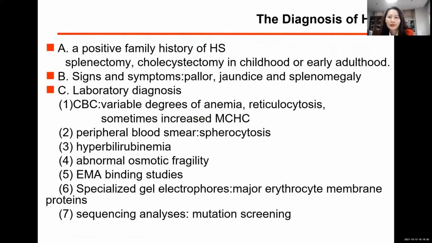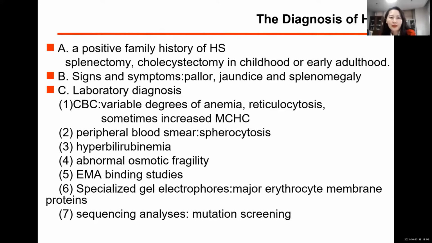Now let's look at the diagnosis of hereditary spherocytosis. A. A positive family history of hereditary spherocytosis. About 3/4 of hereditary spherocytosis (HS) cases show an autosomal dominant inheritance.